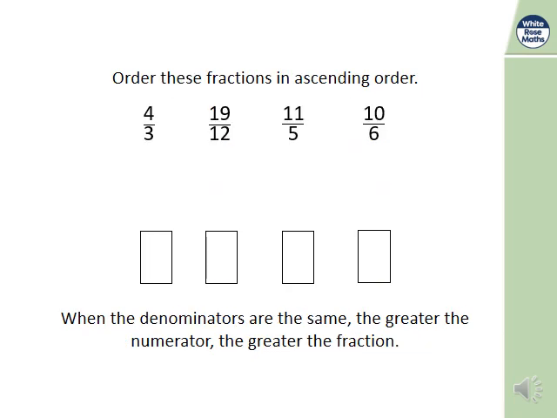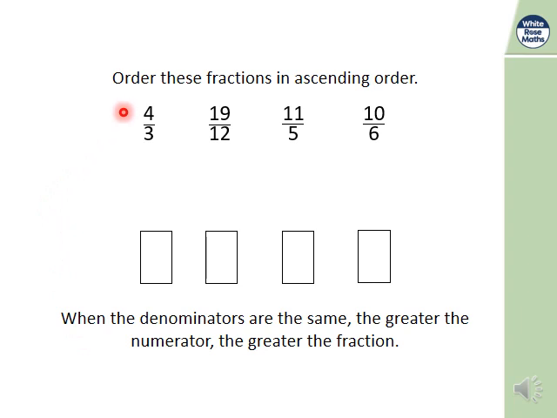Let's have a look at this problem together. This time we've got to order these fractions in ascending order. So we've got 4/3, 19/12, 11/5, and 10/6. And using this rule, when the denominators are the same, the greater the numerator, the greater the fraction.